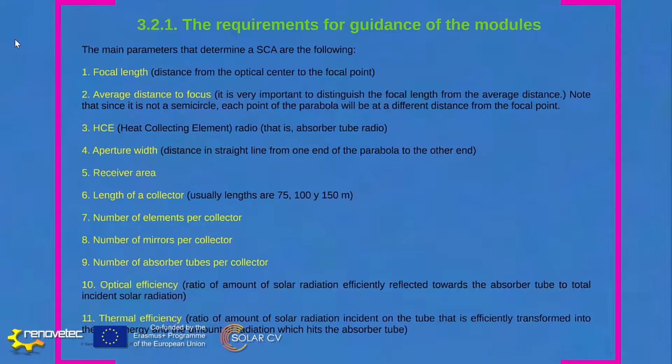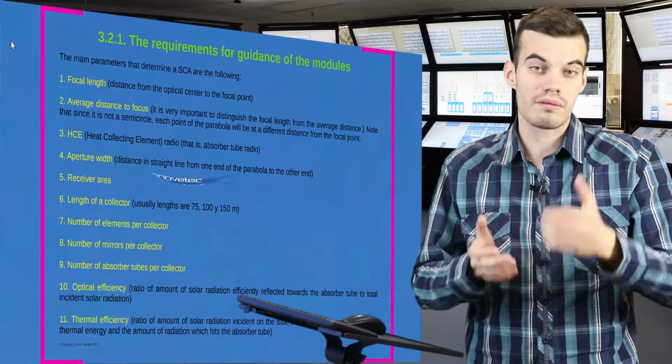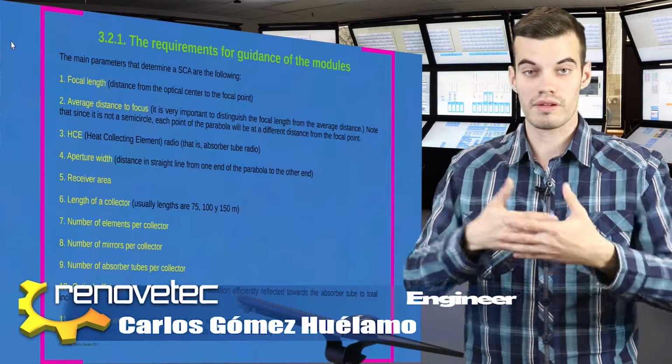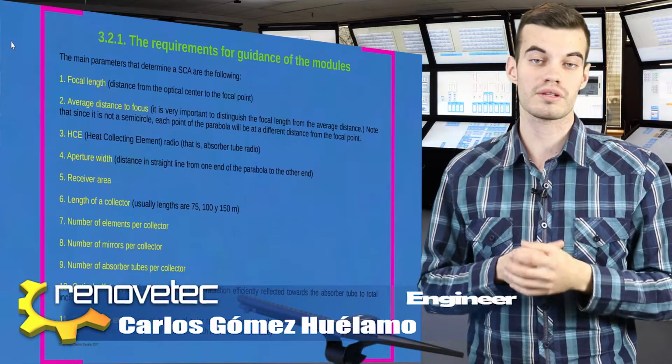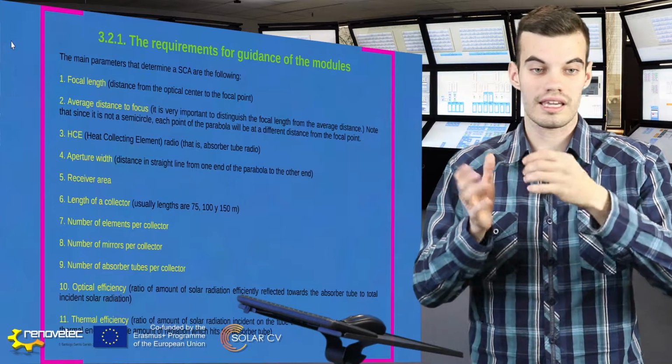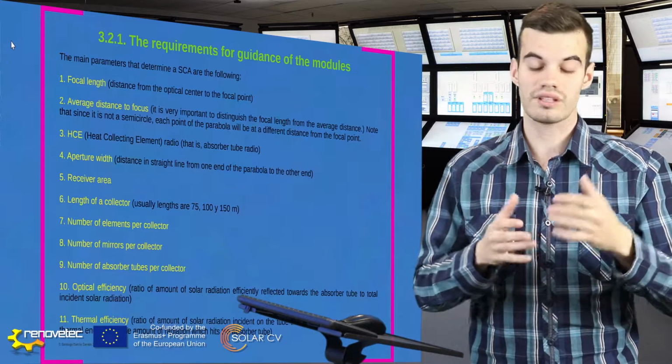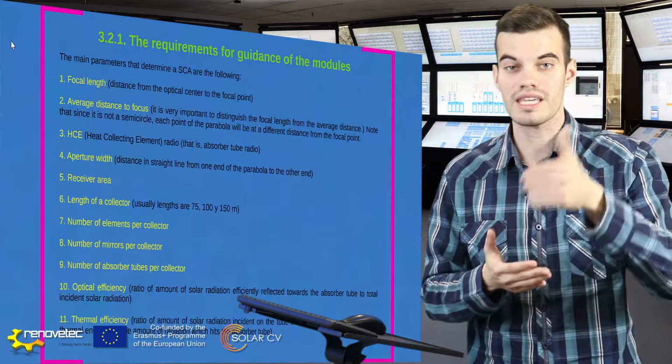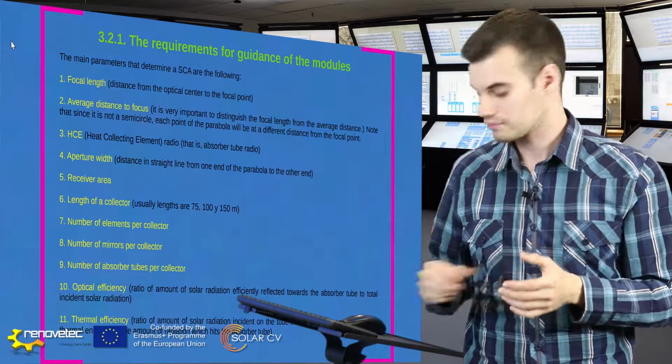And thermal efficiency is the ratio of the thermal energy obtained in the absorber tube divided by the total solar radiation hitting this absorber tube.